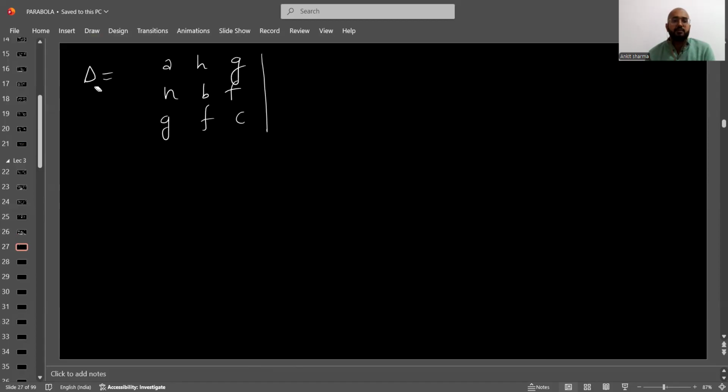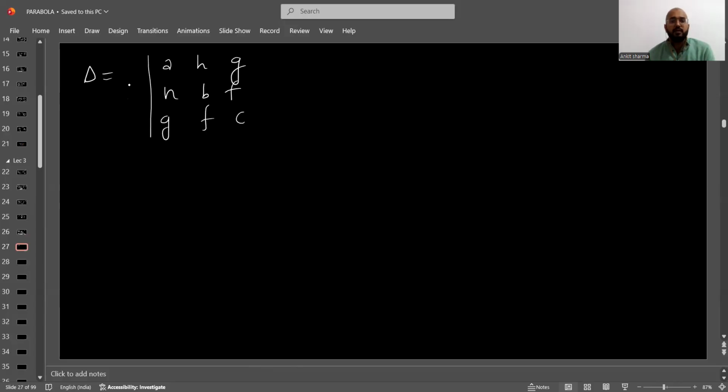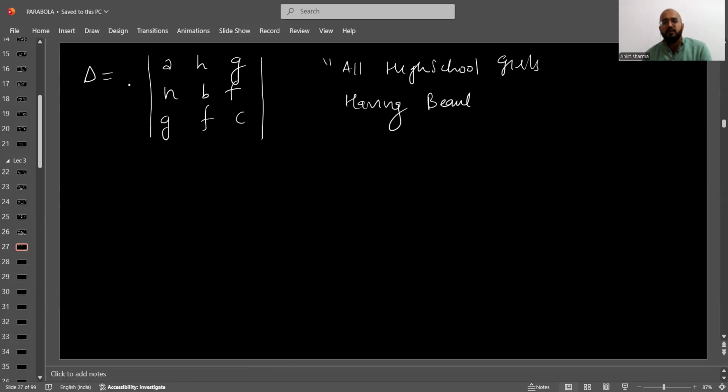If you cannot remember this matrix, you can remember it by some funny trick, and please don't forget that I have written the entries like this only.